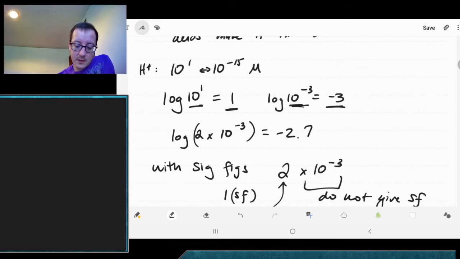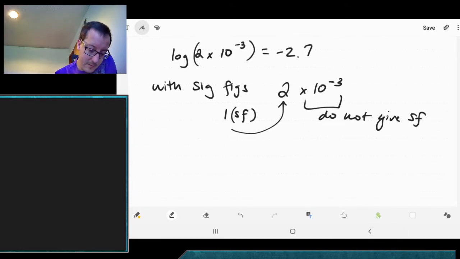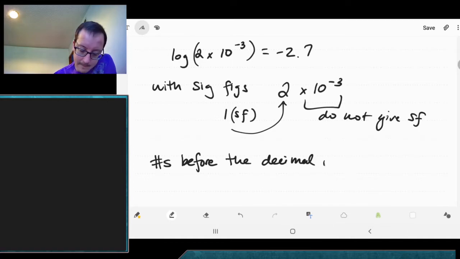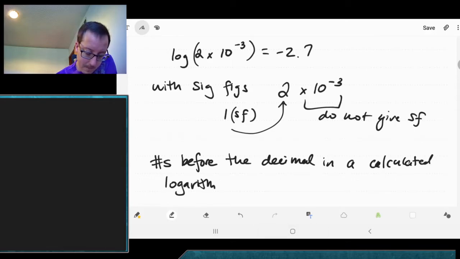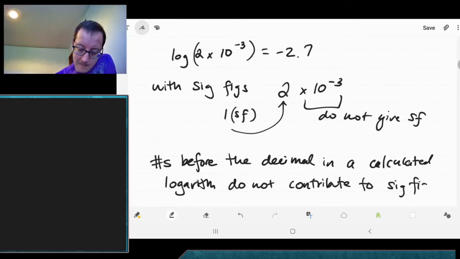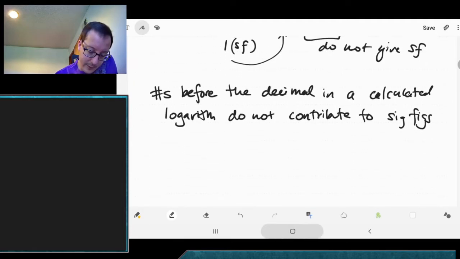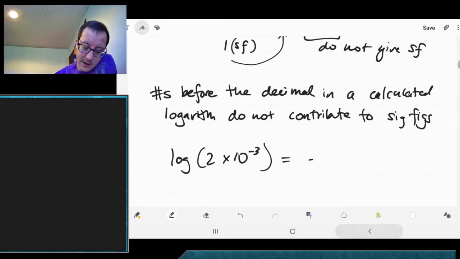And so, the numbers before the decimal in a calculated logarithm do not contribute to sig figs.